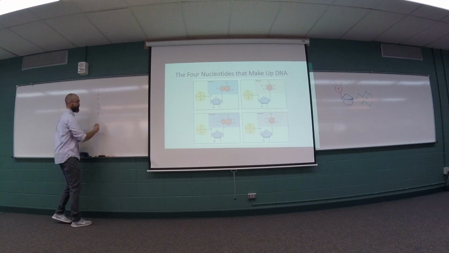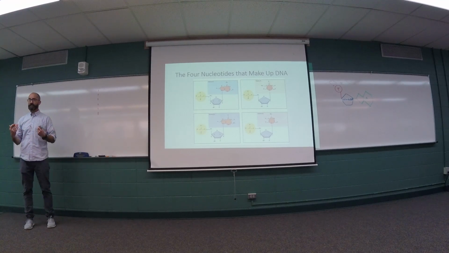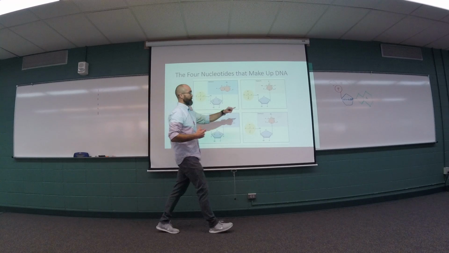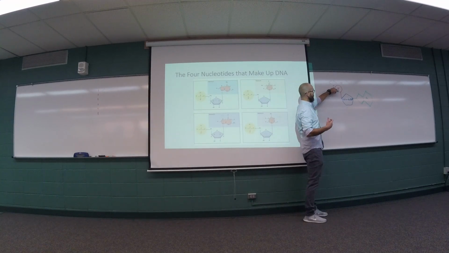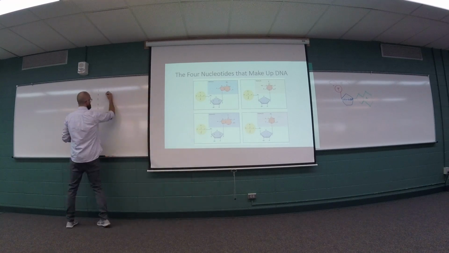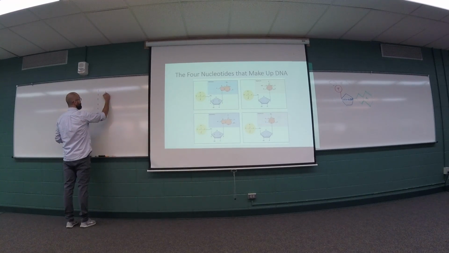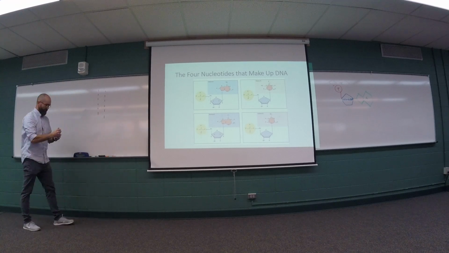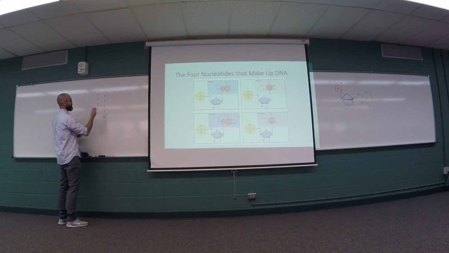And when we have those phosphodiester bonds that are created between nucleotides, they're really created between a phosphate, a covalent bond between a phosphate and the sugar. But what's interesting is they alternate like this.